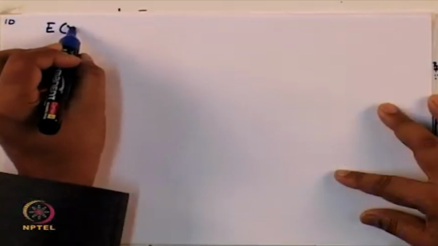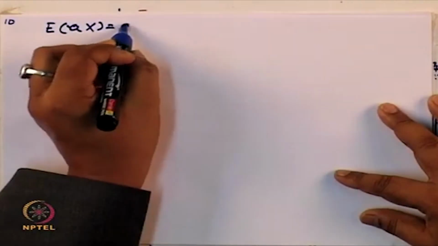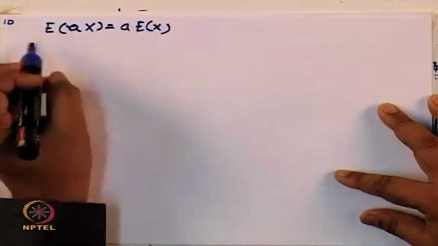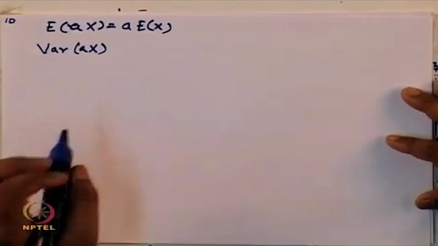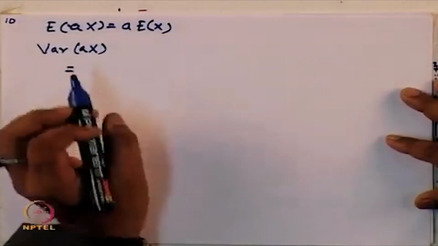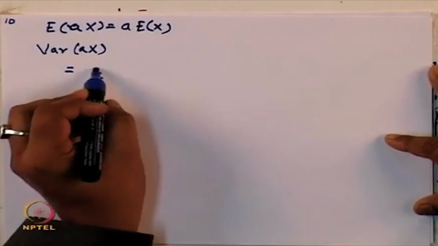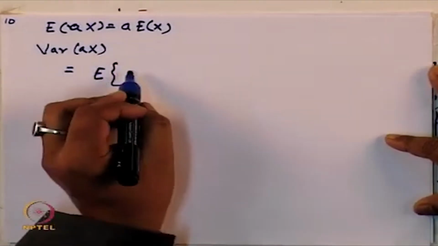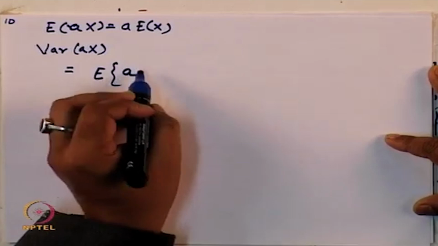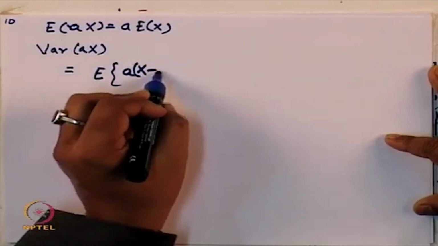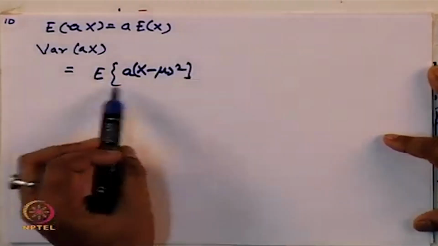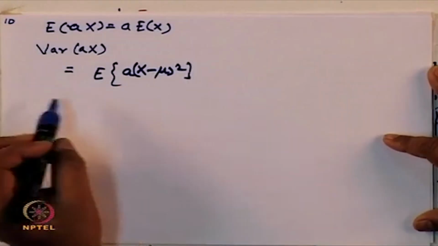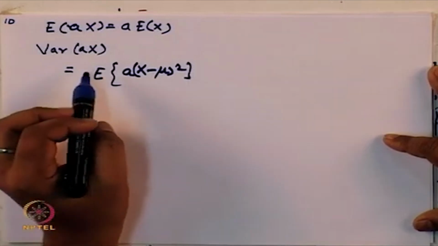Okay. So, we have the following simplifications, right. So, E of A x is equal to A E of x. Okay. What about variance of A x? Okay. Variance of A x is expectation of A times (x minus mu) whole square, okay, which gives A square.